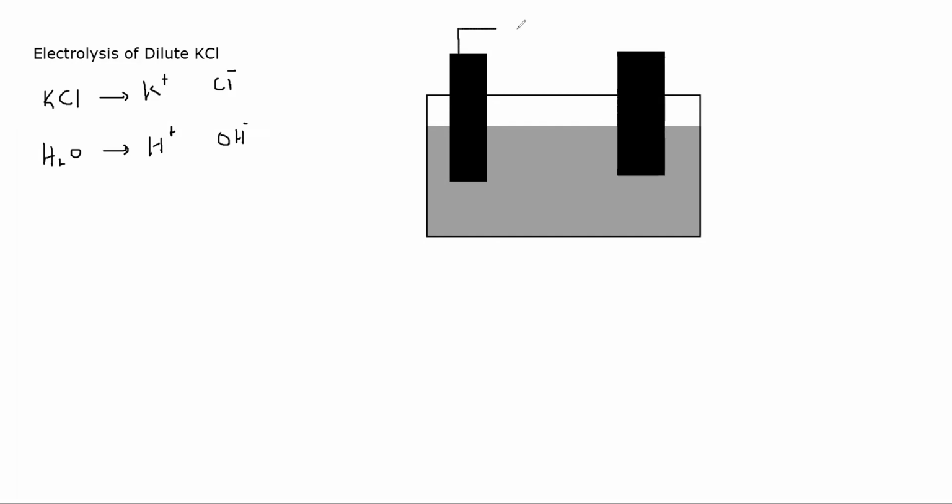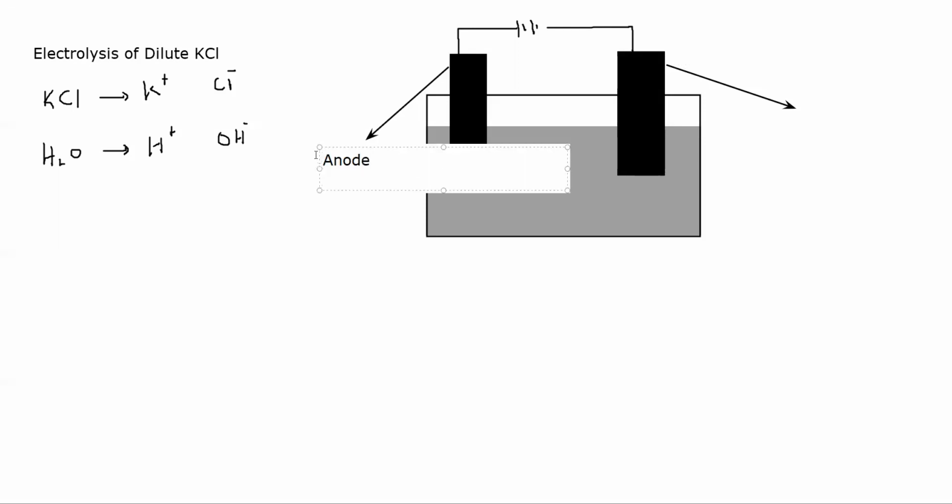So electrolytic cell, it contains anode and cathode. Anode is made up of carbon or platinum, and cathode is also made up of carbon or platinum.